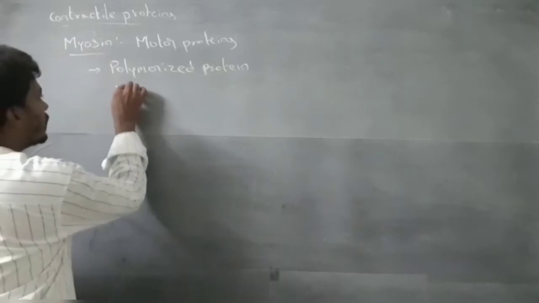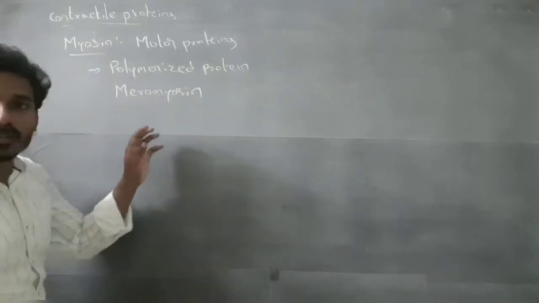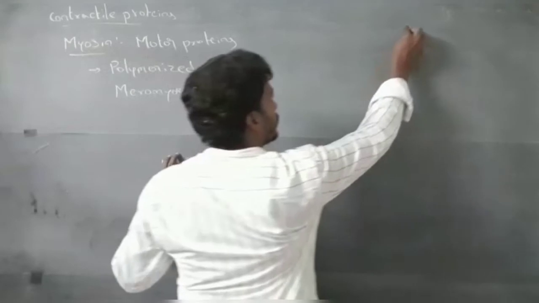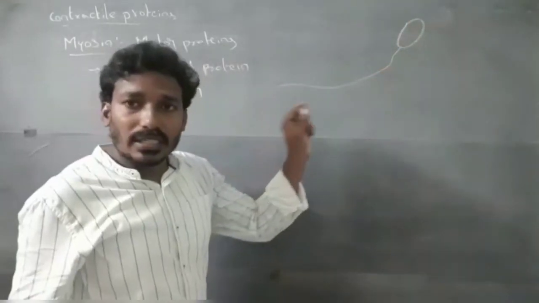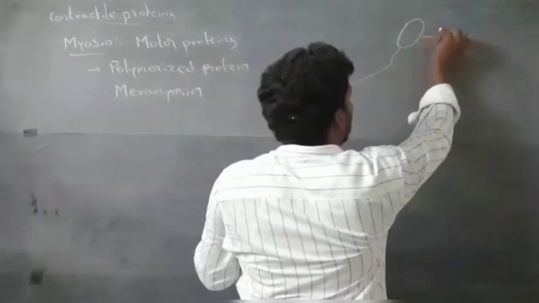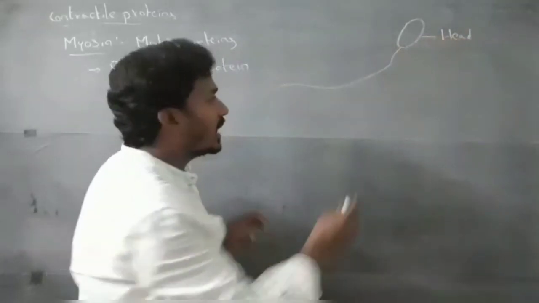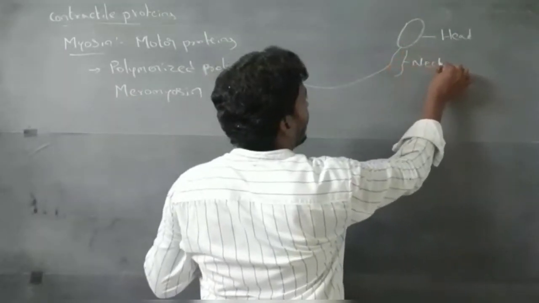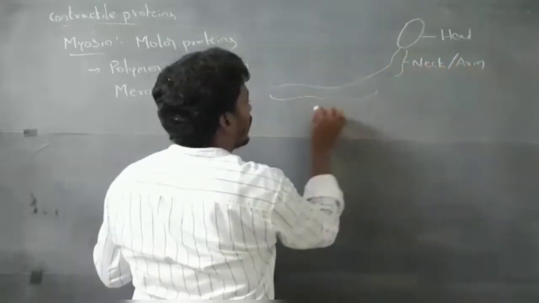Each meromyosin molecule contains two main regions: a globular head along with a short neck or arm, and a long tail.